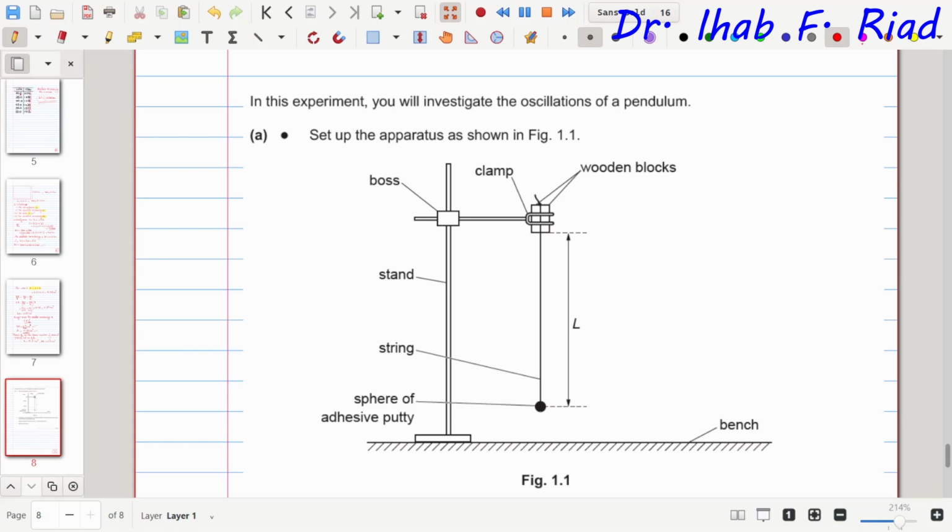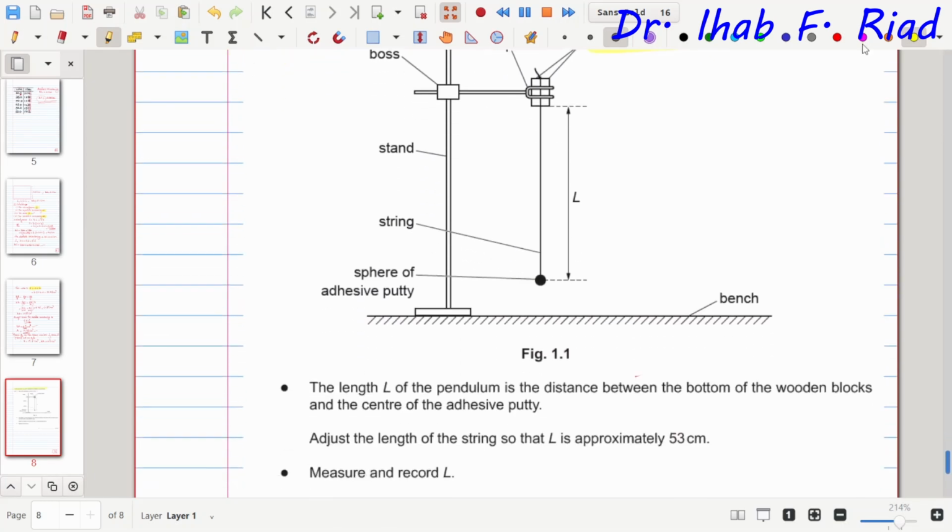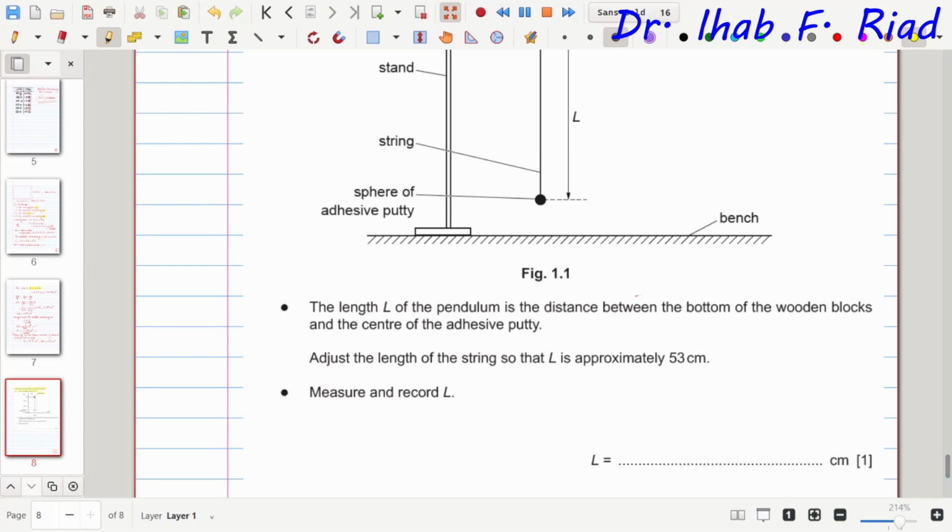In this experiment, you will investigate the oscillation of a pendulum. We have a pendulum. Set up the apparatus. The length L of the pendulum is the distance between the bottom of the wooden block and the center of the adhesive putty. Adjust the length of the string so that L is approximately 53 centimeter.